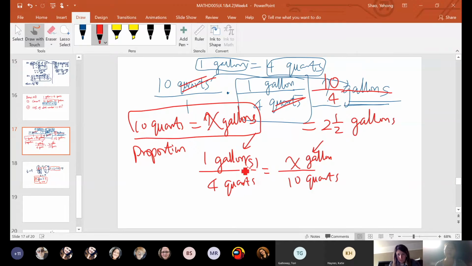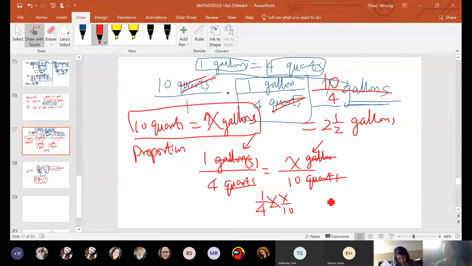Again, when you do the setup proportion, you don't have to write down the gallons and the quarts. You can just think of that in your mind. So when I put it here, you can see very clearly, top is gallon, bottom is quarts, so you don't put them in the wrong place. So pretty much we just end up with 1 over 4 equals X over 10. Now we can do cross products.